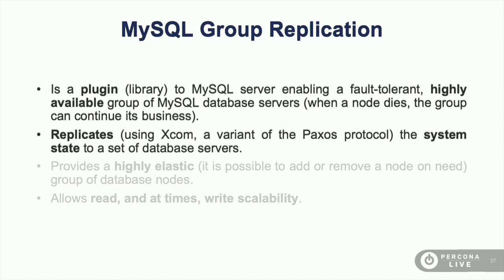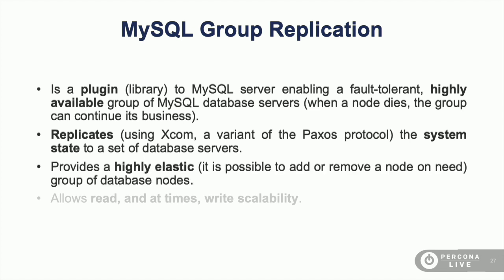It replicates using XCom, which is a variant of the Paxos protocol, the system state to a set of database servers, and provides a highly elastic group of database nodes because it's very easy to add and remove nodes, and allows, of course, read scalability and at times write scalability, and we will go over these parts.